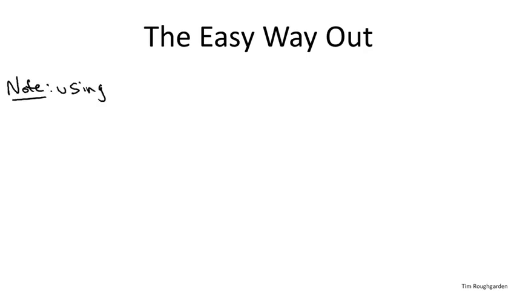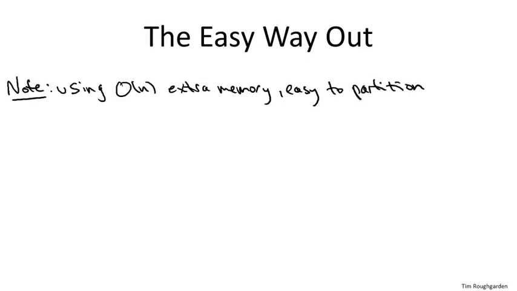That is, using O(n) extra memory, it's easy to partition around a pivot element in O(n) time. And as usual, probably I should be more precise and write Theta(n) in these two cases. That would be the more accurate, stronger statement. But I'm going to be sloppy, and I'm just going to write the weaker but still correct statement using big O. Okay, so big O of n time using linear extra memory.